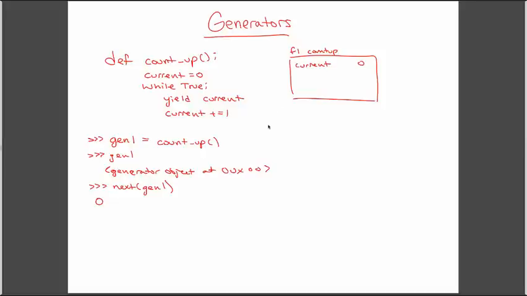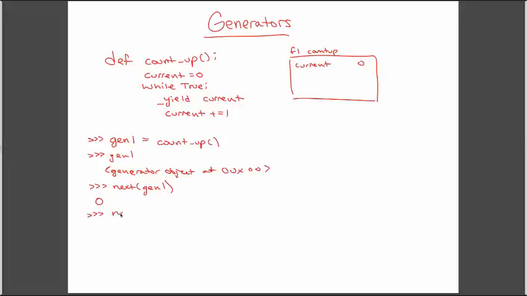I'm never going to look at this frame again. But this yield keyword instead signals to Python, I'm going to come back to this frame at some point, so keep all my local state as is, and just spit out some value. In this case, we're spitting out current. It's going to stop right here, so we haven't executed this current plus 1 yet.